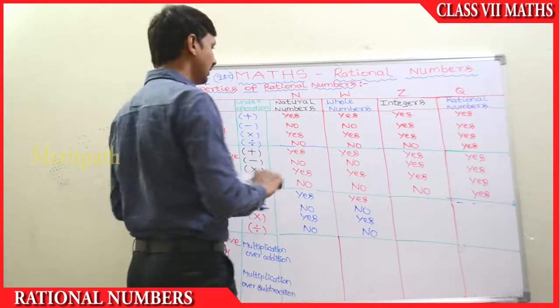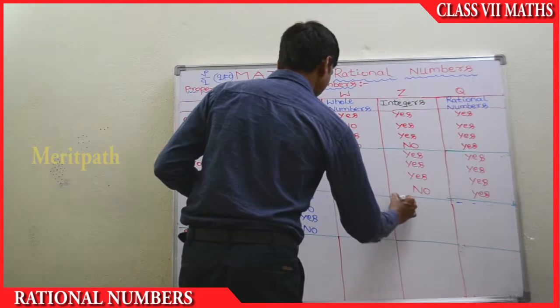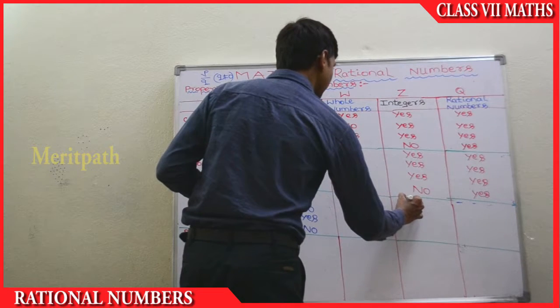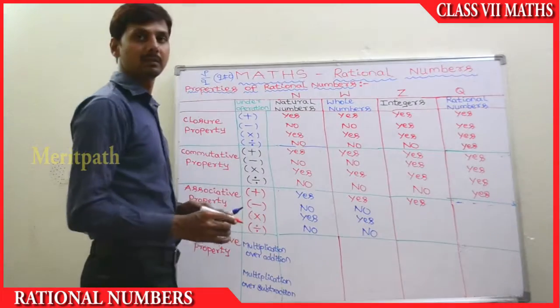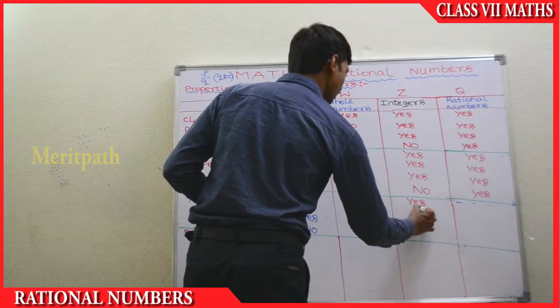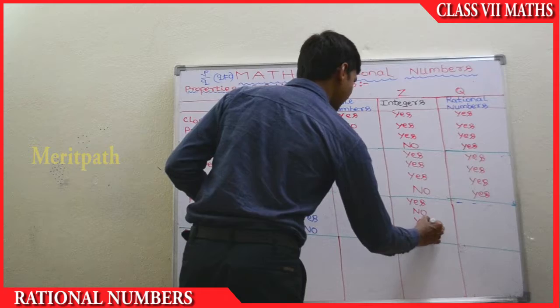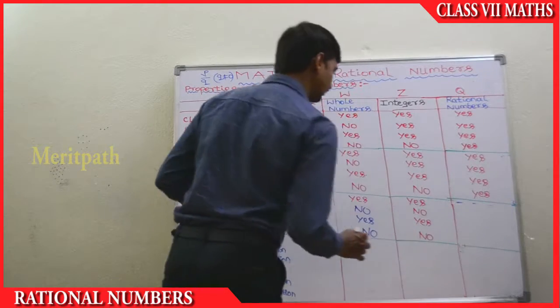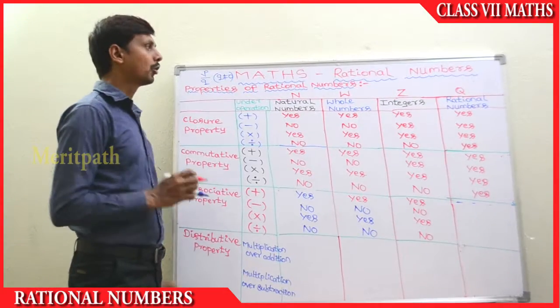When we take integers, it's possible for addition, yes. Subtraction, it's not possible, no. Multiplication is possible, yes. And division, it's not possible. So let's go to the rational numbers.